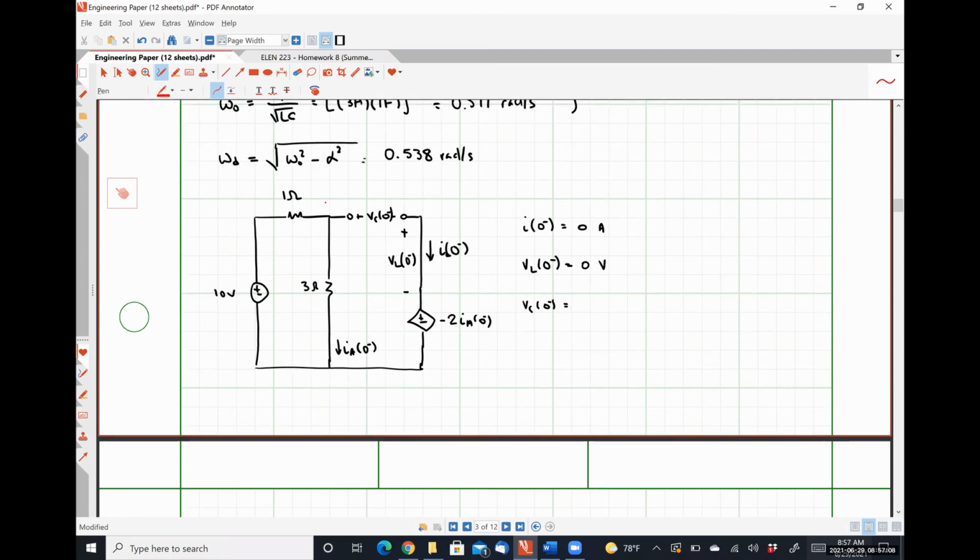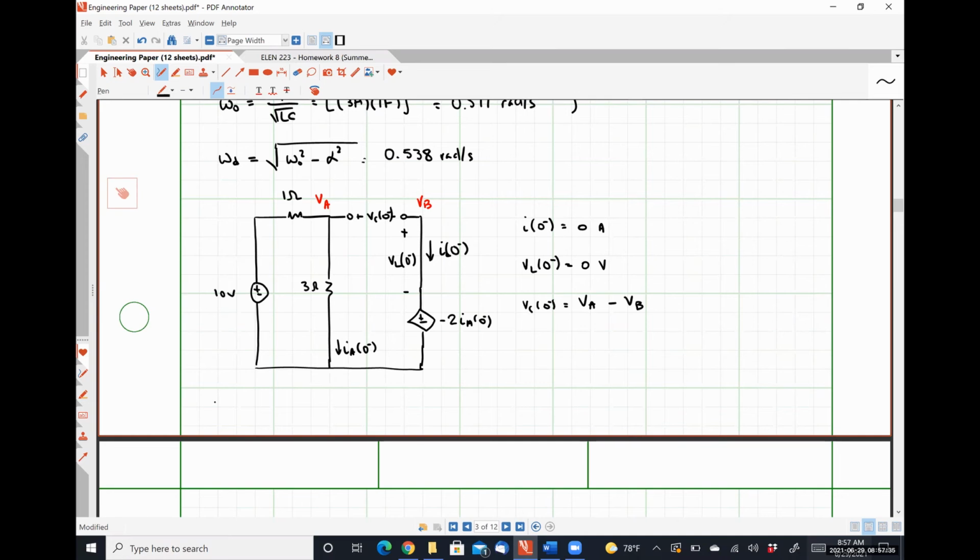I'm going to call this node A, and this node B. And so we could see that VC is just going to be VA minus VB for sure, right? So VB is the dependent source voltage for sure.